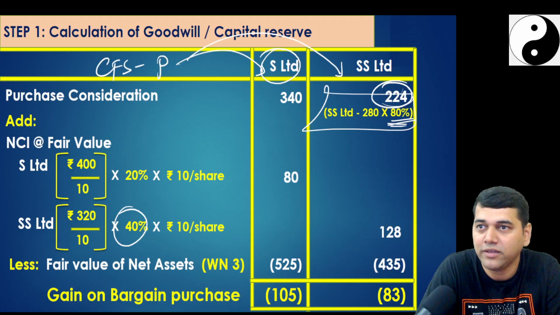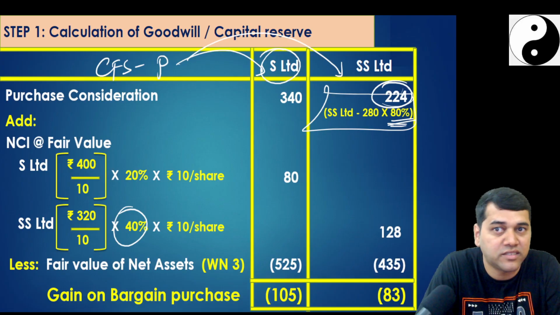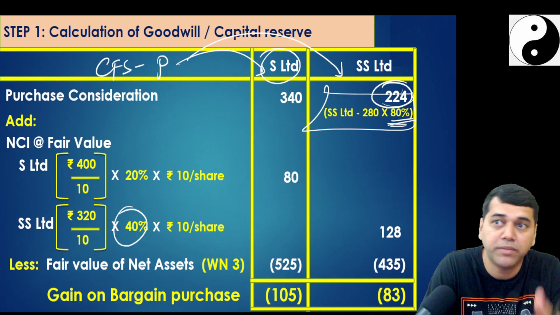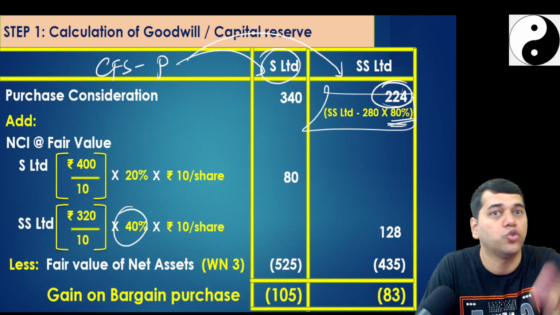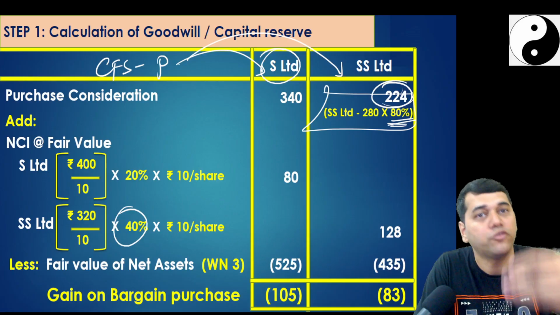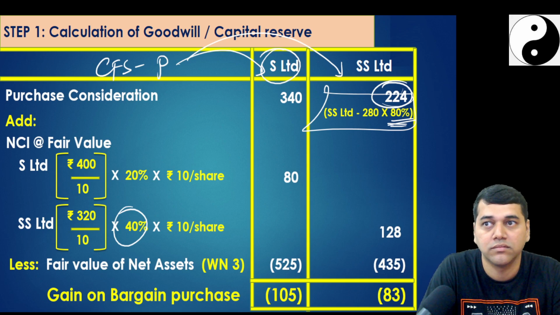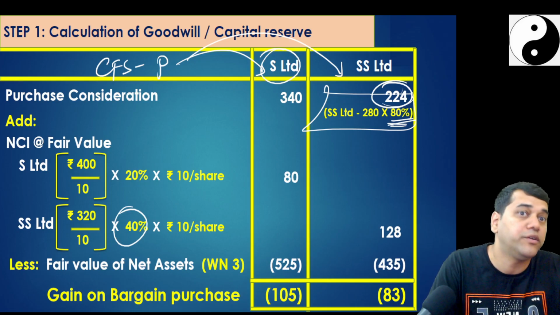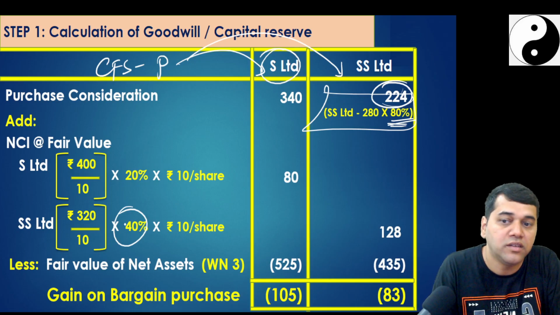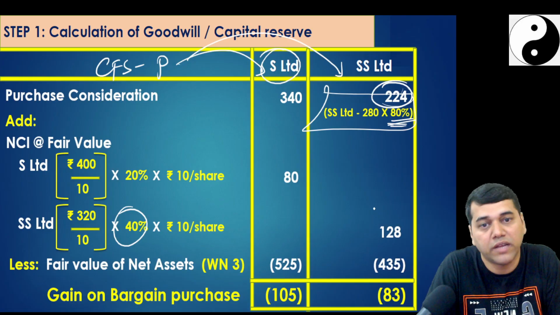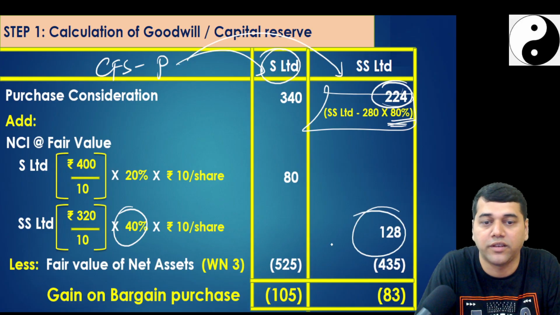Because ICA and the standards tell us. Why do they tell us? They say that you cannot show something as your purchase consideration when in reality you didn't pay it. But what is your effective interest? Effective interest is 60% only for the subsidiary level.